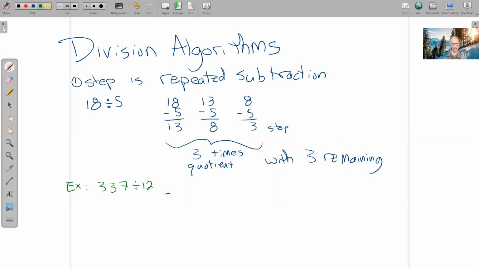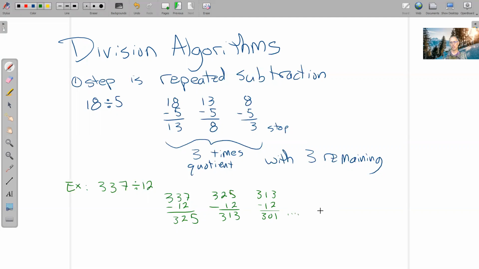Then I would have to take 337 and subtract 12 to get 325 and keep doing that over and over again. So that would give me 313, and this is going to go on for a while, but there's some kids that are tenacious and they'll just do that because they get it and they don't know another way.